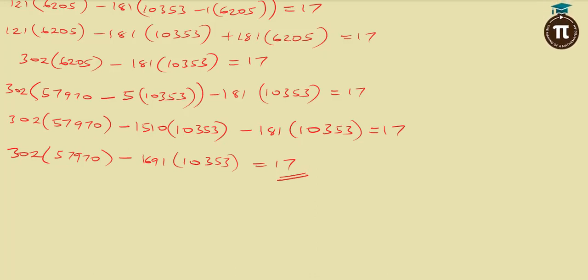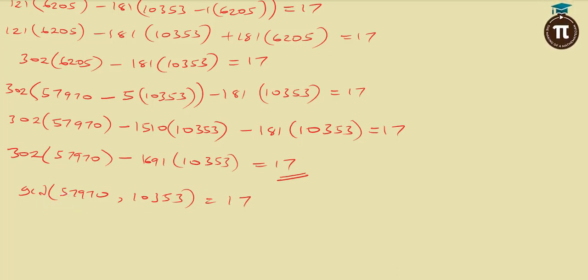So how do I know I'm done? They want me to write these two numbers as a linear combination of their greatest common divisor. So this is what we call the linear combination. Don't forget, we have the GCD of 57970 and 10353. This is the question, and we obtained the GCD to be equal to 17.